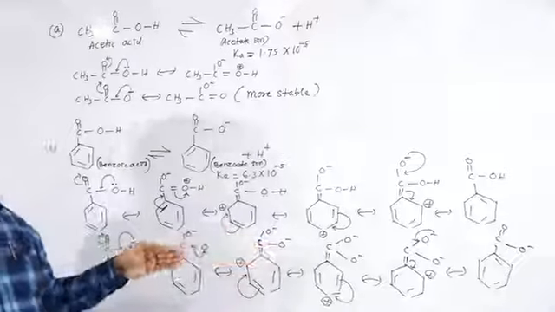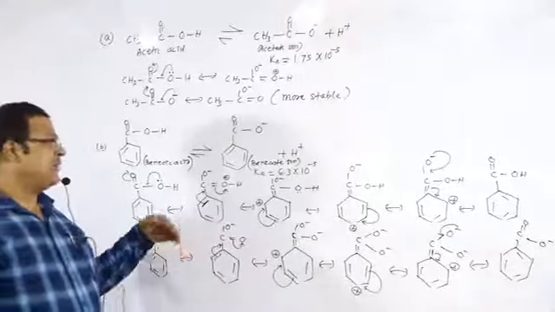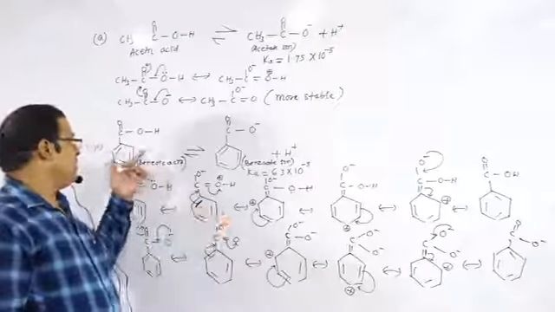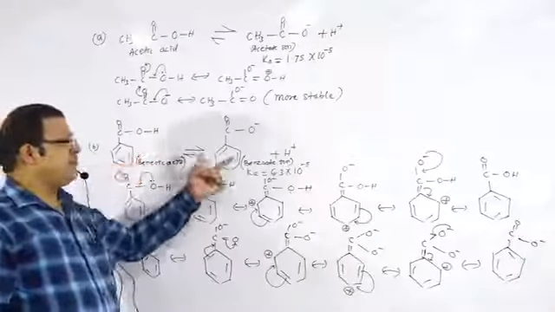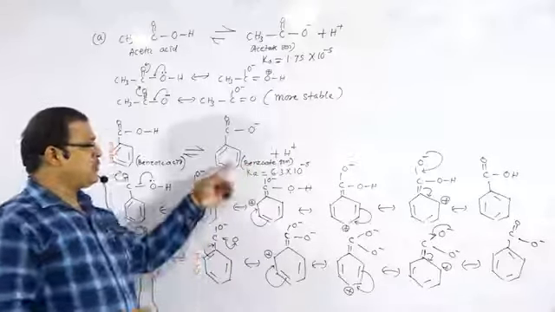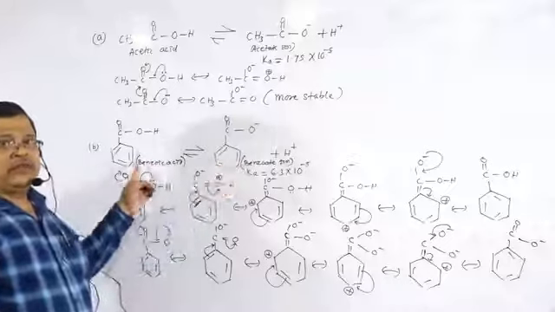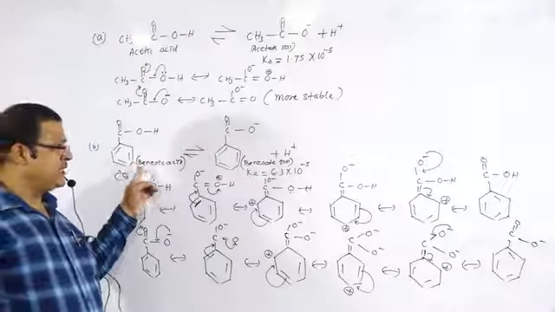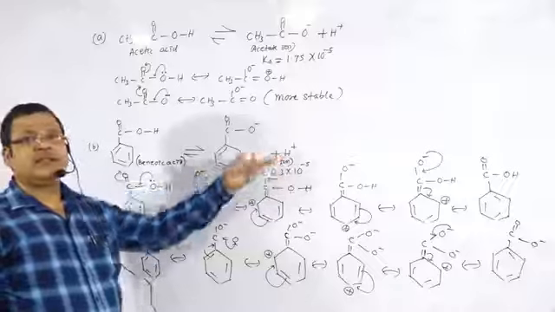So if we compare on the basis of stability, between benzoic acid and benzoate ion, benzoate ion is more stable. Therefore, benzoic acid has the ability to release the H plus ion, therefore it is acidic.